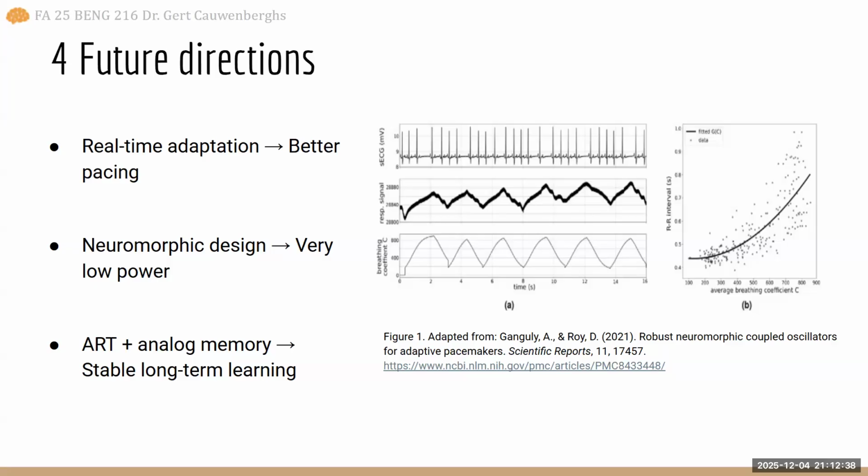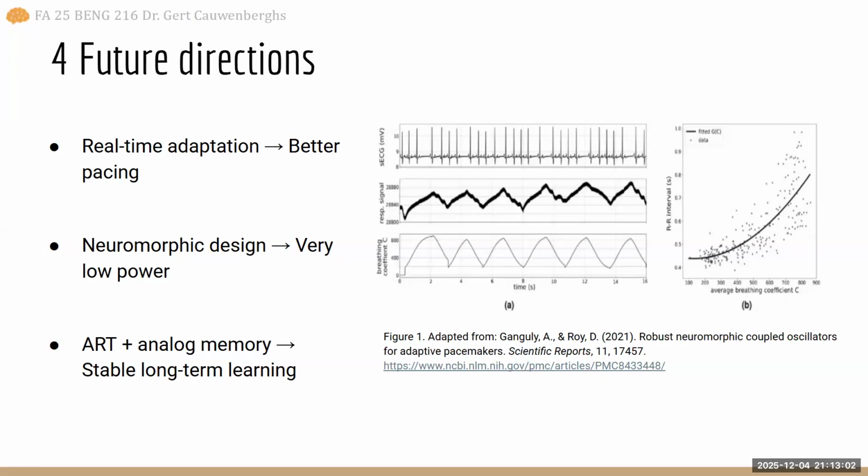This would prevent under or over pacing. And then having a neuromorphic design would replicate biological timing with very low energy consumption. So the power needed would be reduced, increasing the lifetime of the implant and reducing the need for battery replacement surgeries would be a benefit.